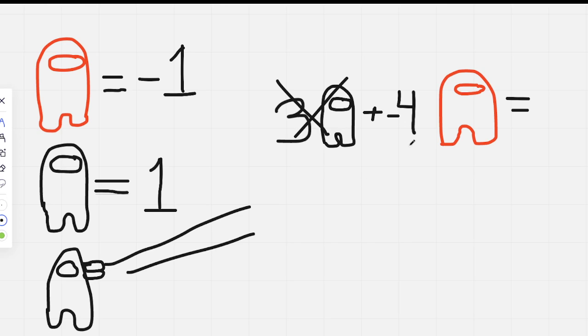We can actually break that problem down, because I know you might struggle with this one. Negative 4 minus 3. Since this is imposters and this is imposters, we can just ignore all the negatives because they're all the same.